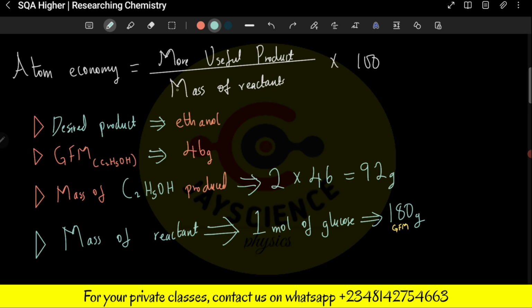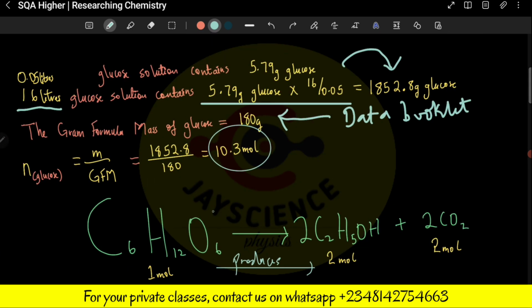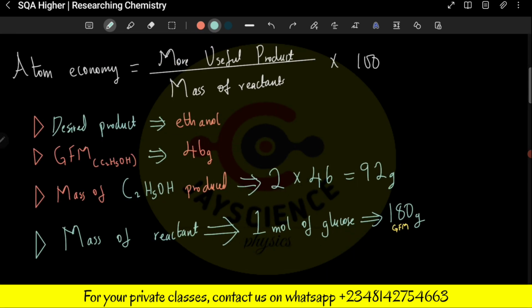The GFM of glucose is 180 grams, as you can see on the screen. Going back to the equation, we have 2 moles of ethanol produced. If 1 mole of ethanol is 46 grams, 2 moles of ethanol will be 92 grams. That's 2 times 46, obviously. You can see all of that on the screen.